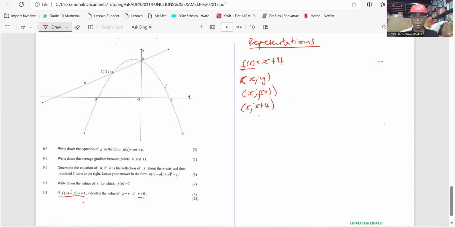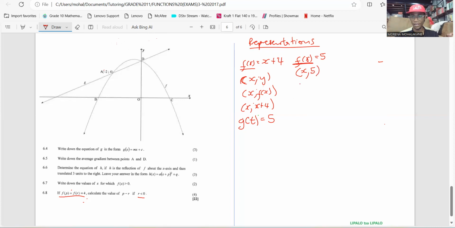So if I say to you g at t is equal to, let me say 5, here I can say f at x is equal to 5. That means we have an x value here, that's the x value. The y value is equal to 5.